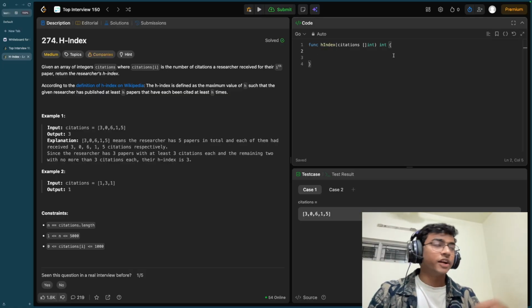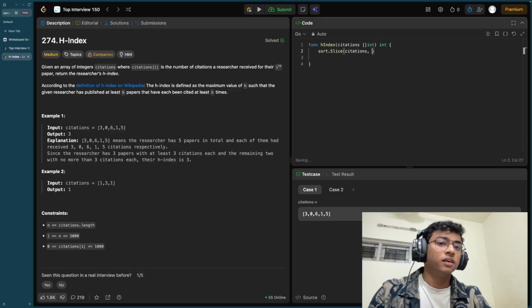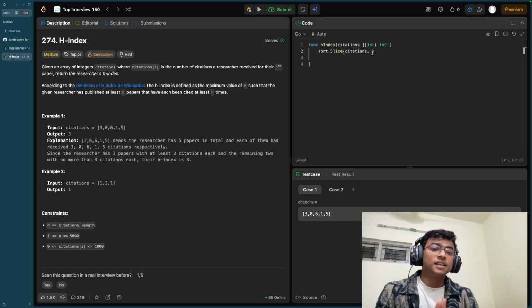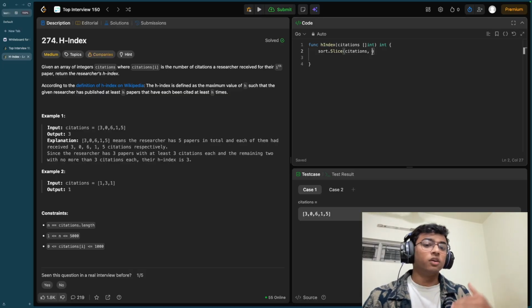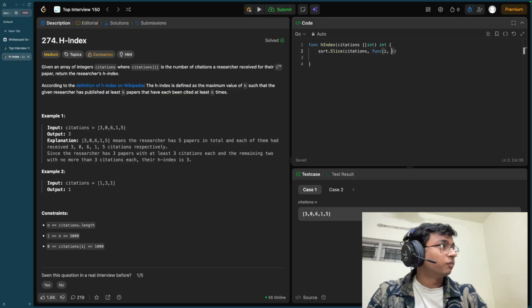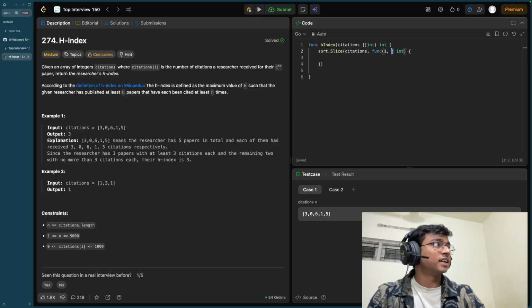To sort in descending order in Golang, you can use the sort library, and in that you have a slice function where you can input the particular slice or array. In this case, it's a slice because there is no fixed size, and you input that slice and you tell it the function by which you want to arrange the values. So in this case, we give a function where i and j are ints, and this basically represents that i is our previous value and j is our next value.